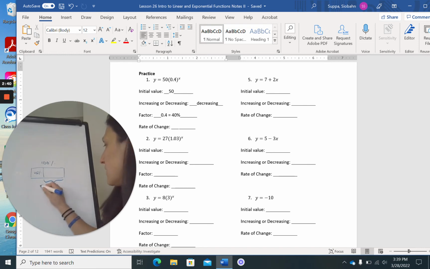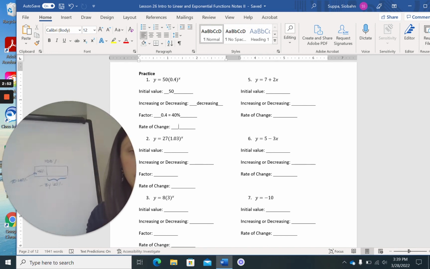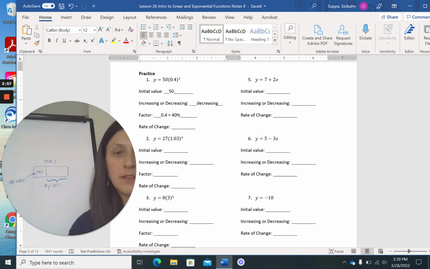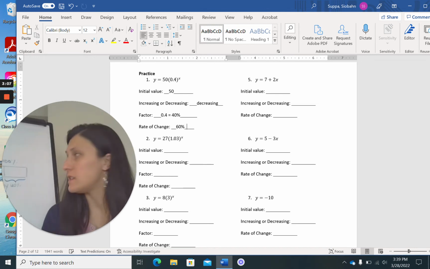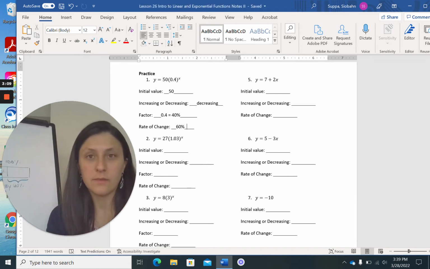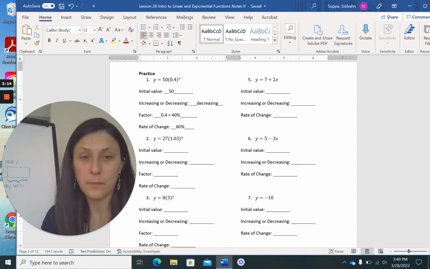So this is a decrease down by 60%. And the 40% is the factor. That's what we go down to. So there you go. Now you can hopefully see the connection back to our percent lessons. And you can see that that would make this rate of change 60%. And we got it by doing 100% minus 40%. So I draw these kinds of little rectangular diagrams all the time just to help solidify my knowledge of how these are connected.